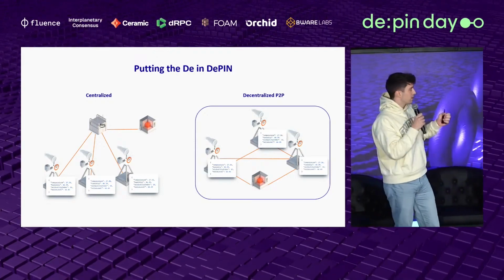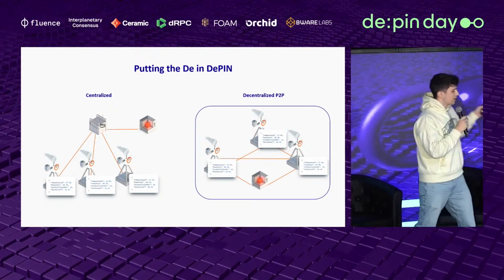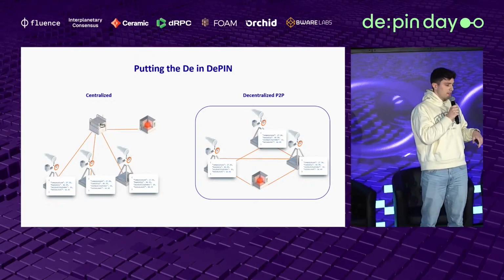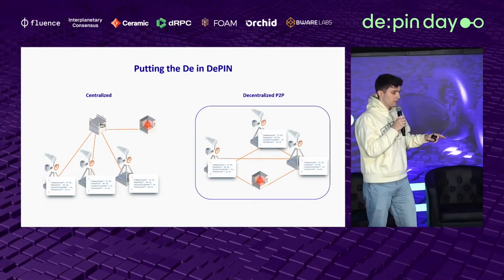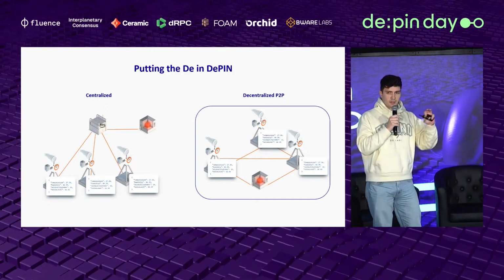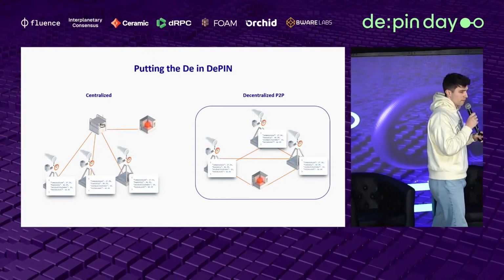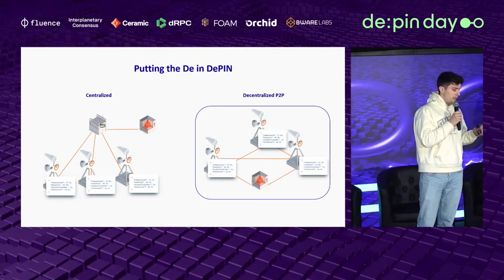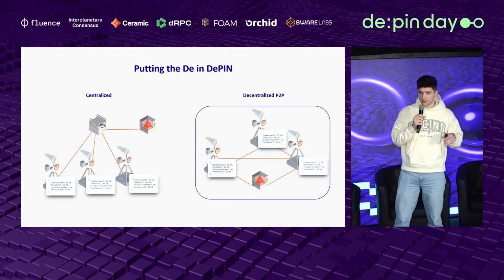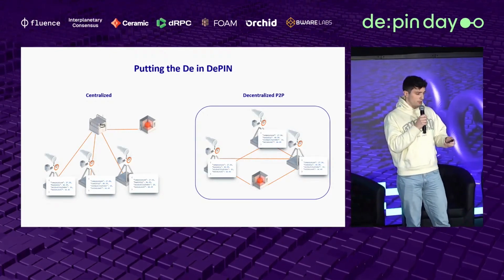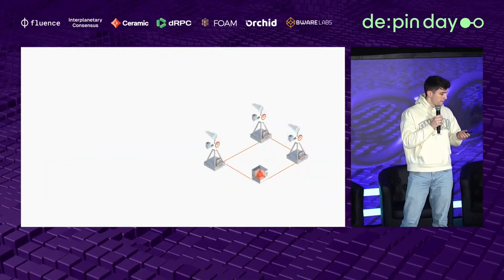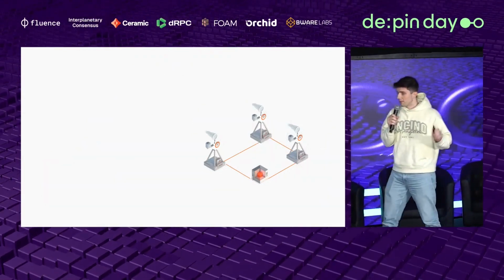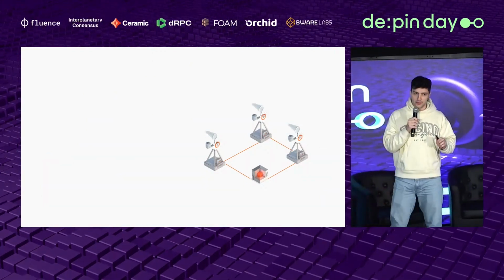And on the right side, there is a decentralized P2P network, which is Streamr. And here you can see there's no AWS. They're all interconnected with each other. It's like a mesh network, and they're all talking to each other, so there's an avoidance of this AWS central instance. And the great thing about this is you don't have a single point of failure.